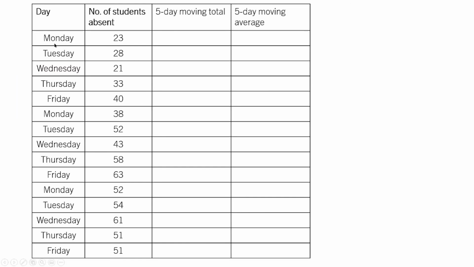So first let us calculate the 5-day moving average and then let us draw the graph. So we have the columns day, number of students absent, then 5 days moving total and 5 days moving average. So we have to leave the first 2 blank and then start with the third observation.